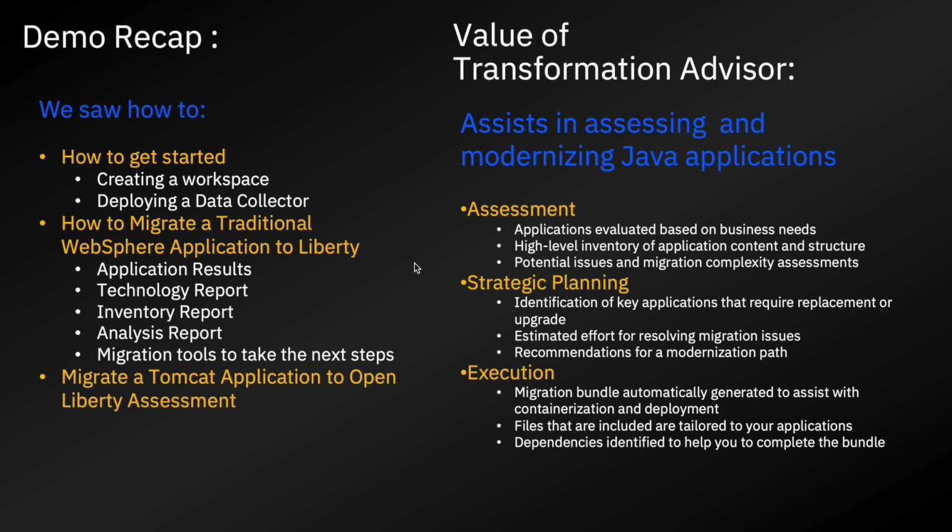The value of Transformation Advisor is in assisting in assessing and modernizing Java applications. We showed how it can make a good assessment, how it can help you plan on complexity of the application and what the requirements are, and then how it can speed the execution by delivering artifacts into repos and even creating containers where possible. Lastly, let's talk about some considerations for setup and install.